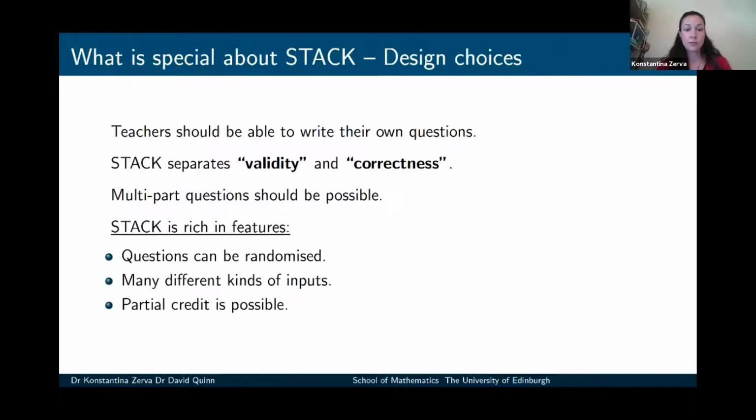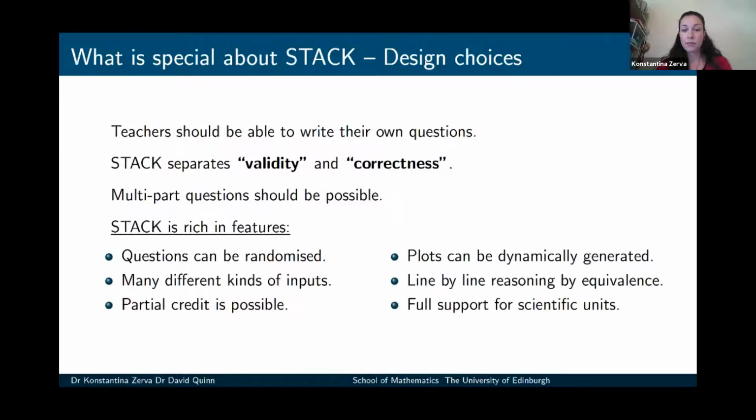Questions can be randomized. We have many different types of inputs, such as matrix, numerical inputs, units. We're able to have partial credits. Plots can be dynamically generated and follow the randomization. We can assess line by line reasoning by equivalence, and STACK provides full support for scientific units.